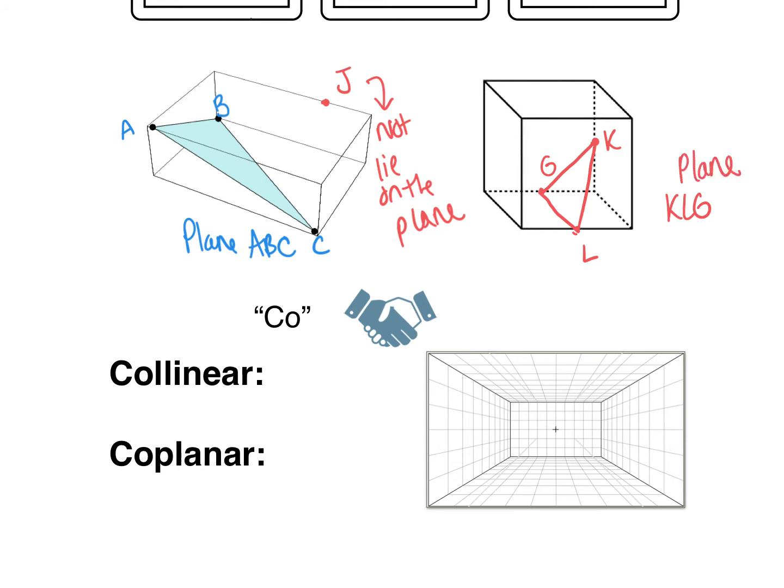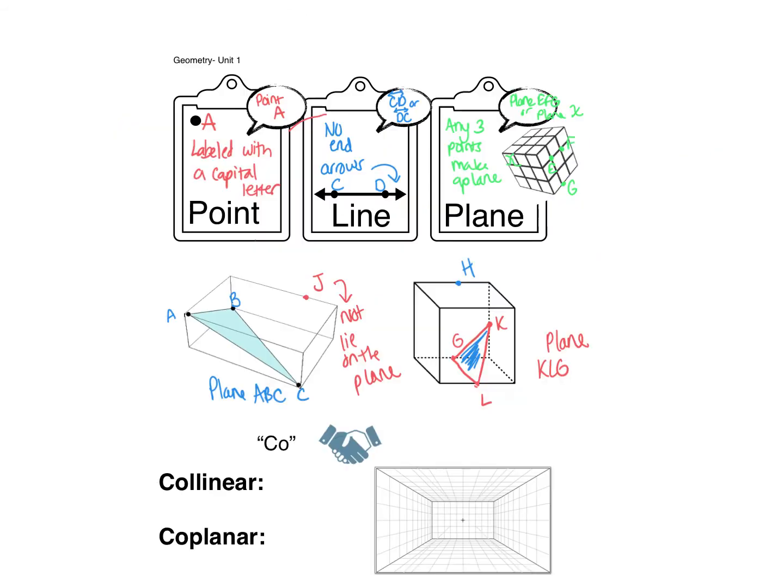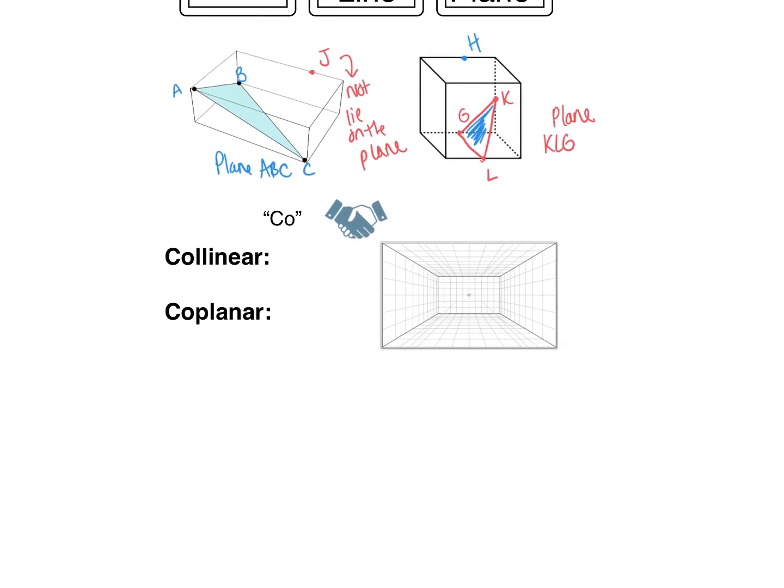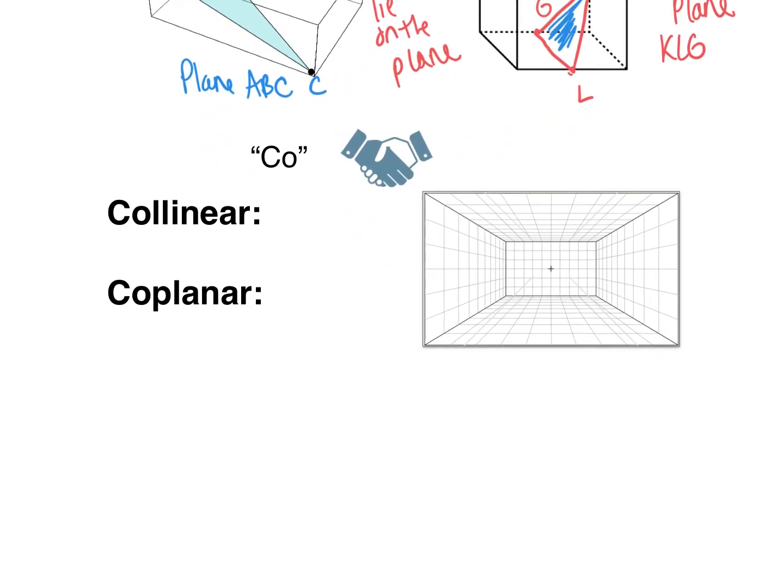But if I were to draw another point up here and call it H, H does not lie on that same plane, okay? So planes are made up of 3 letters, but it's important to notice which one lies on the plane and which one doesn't. And that's where these words come into play, where you have collinear and coplanar. You have to know what these words represent.